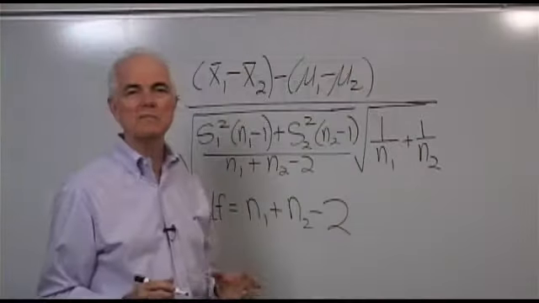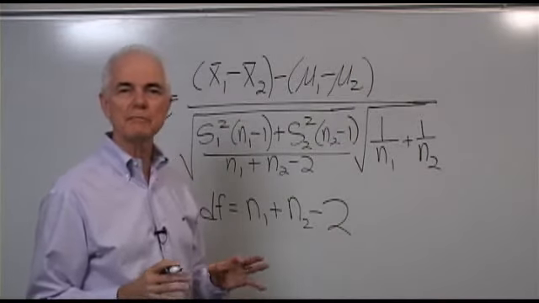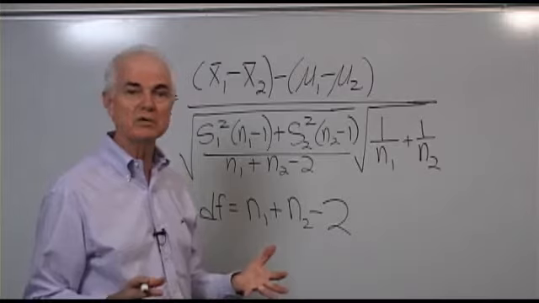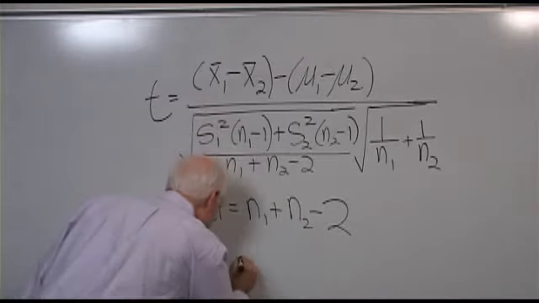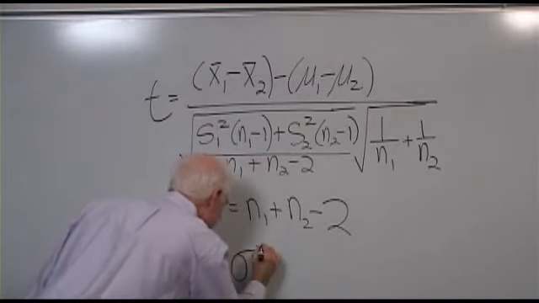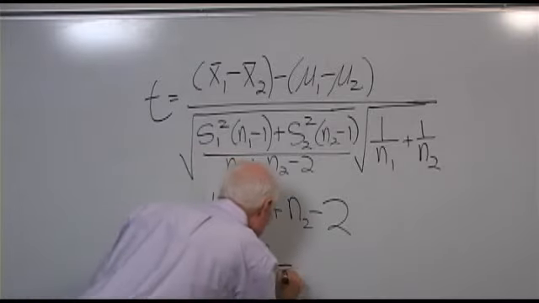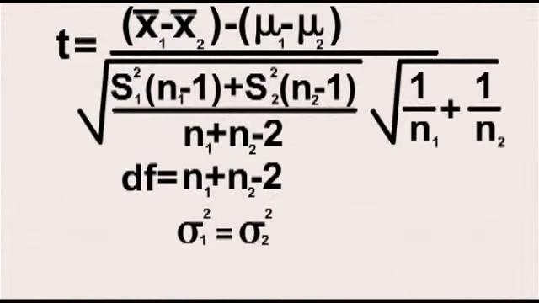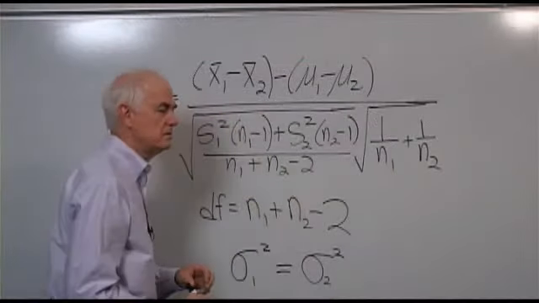This particular formula assumes that you have equal population variances between the two populations. That is, if we knew the population variances, the variance for population number 1 would equal the variance for population number 2.